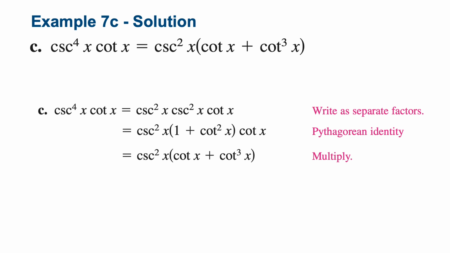So cosecant to the fourth can be written as cosecant squared x times cosecant squared x times cotangent x. Then let's replace the middle one with 1 plus cotangent squared x, because that's the Pythagorean identity. And then let's distribute the cotangent of x. So then you get finally cosecant squared of x times the quantity cotangent x plus cotangent cubed x. And that's really what you wanted. So that was a two-stepper.